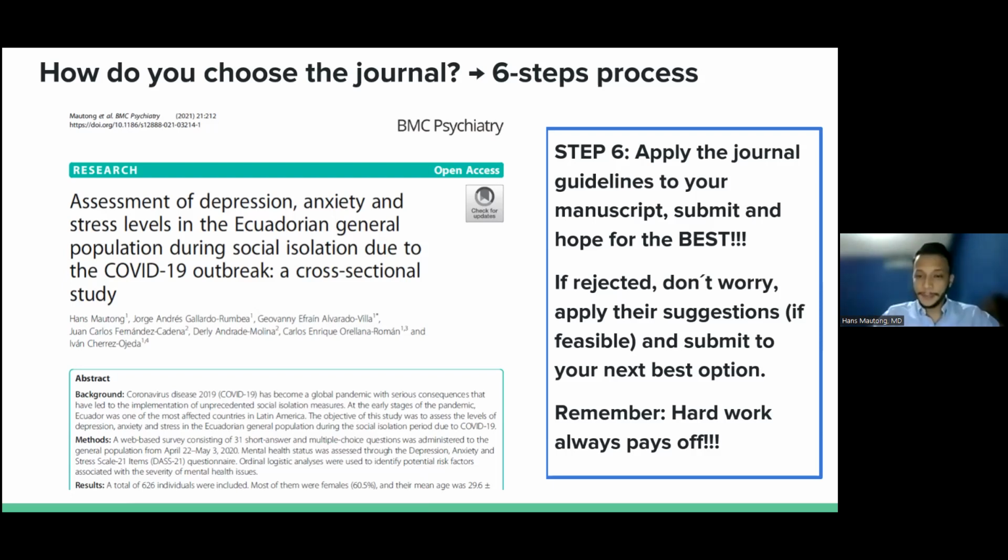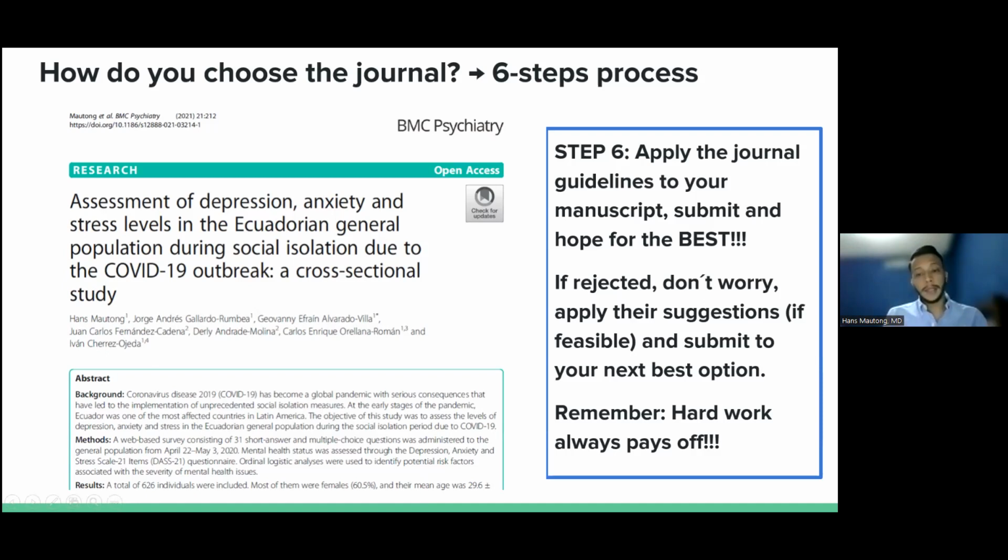Don't take it personally. Most of the time, reviewer two has your best interest at heart. Well, maybe not your best interest, but the best interest of science. The goal of reviewer two is to improve science, make it solid, strong, and decent science to get published, to try to improve the level of research.